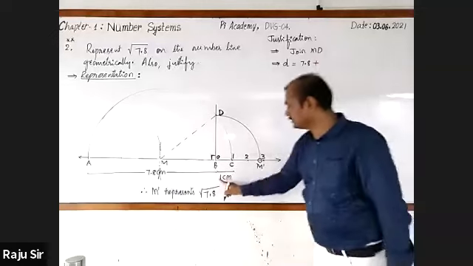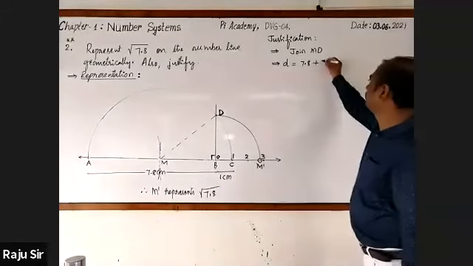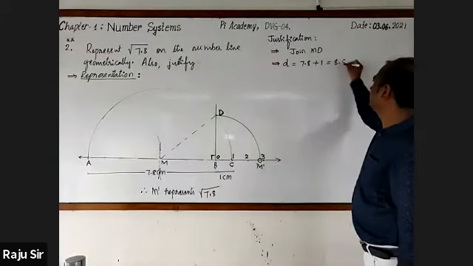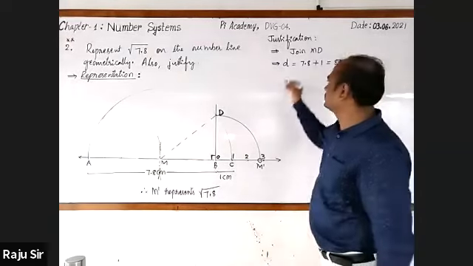The diameter is 7.8 plus 1, which is equal to 8.8 centimeter. Then find out the radius.